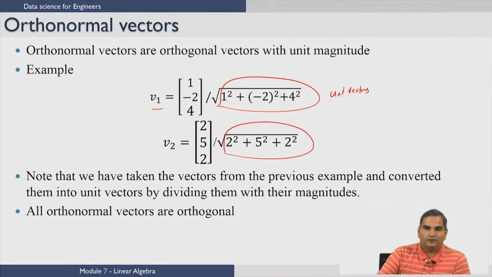So these vectors will still be orthogonal to each other. However, now individually they also have unit magnitude. Such vectors are called orthonormal vectors that we have defined here. Notice that all orthonormal vectors are orthogonal by definition.